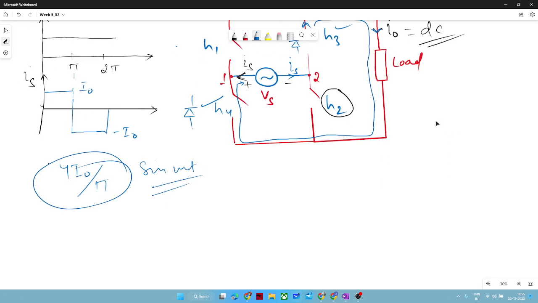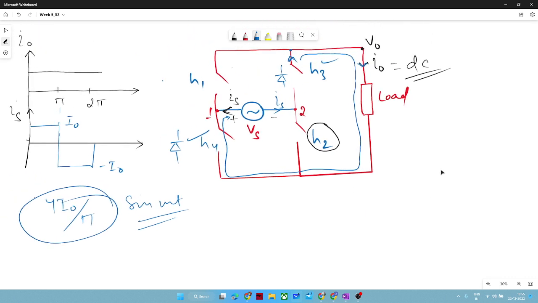Let me again tell you that Vs is equal to Vm sine omega t. And ideally, if you use very high filter inductance at the input side, at max you will get Is equal to Im sine omega t.